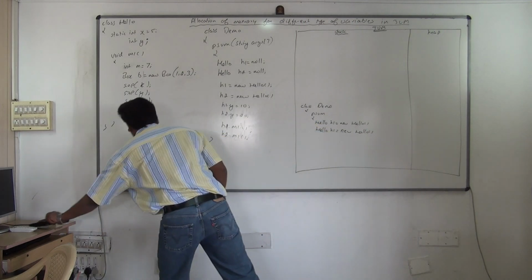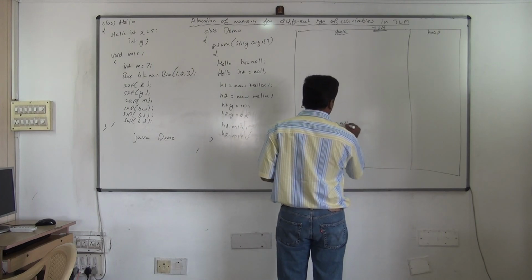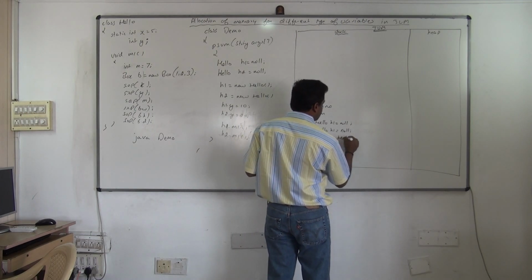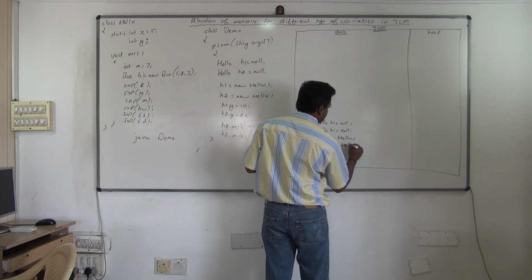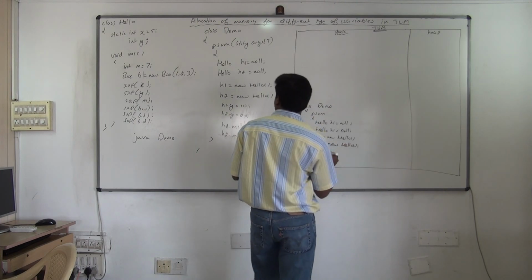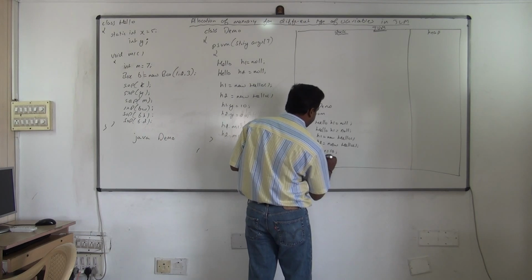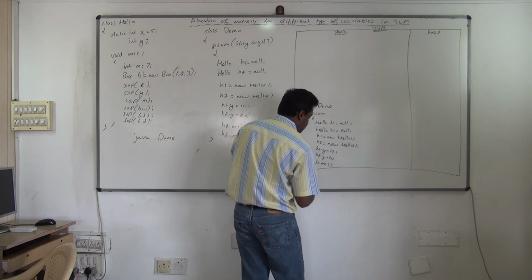We declared variables now. First, h1.y is equal to 10, h2.y is equal to 20, h1.m1. Like this you can call the methods.